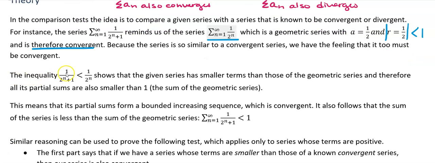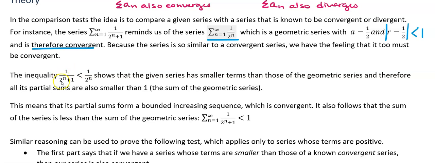The inequality 1 over 2 to the n power plus 1 is less than 1 over 2 to the n power shows that the given series, the original one, is smaller in terms than those of the geometric series that we thought up. So let's think about that for a moment.